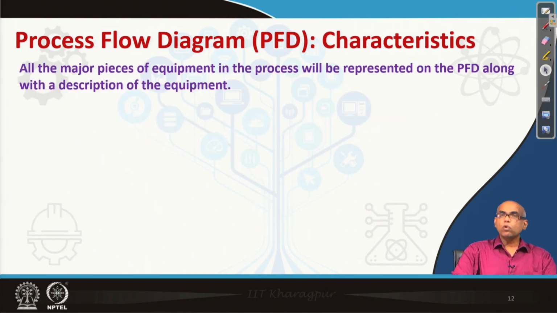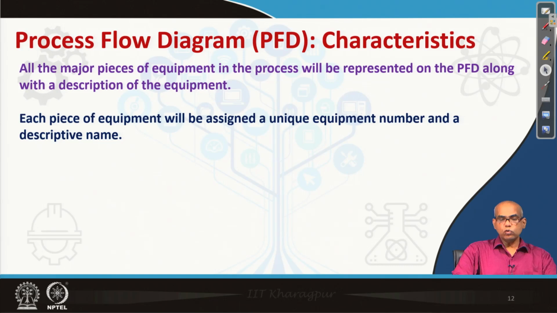So, what does a process flow diagram contain? All the major pieces of equipment in the process will be represented on the process flow diagram along with a description of the equipment.